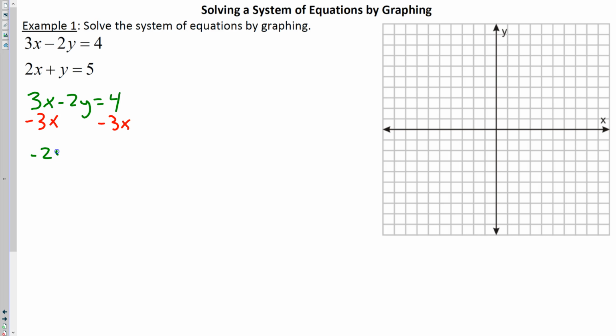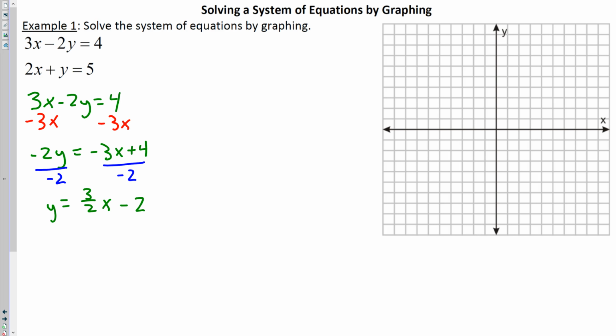So for my first equation, I'm going to subtract out my 3x to move it to the right-hand side, and then I will also divide by negative 2 to get my y variable completely by itself. So when we simplify our fractions, we get a positive 3/2 x and a negative 4 divided by 2, or negative 2. So that's my first line.